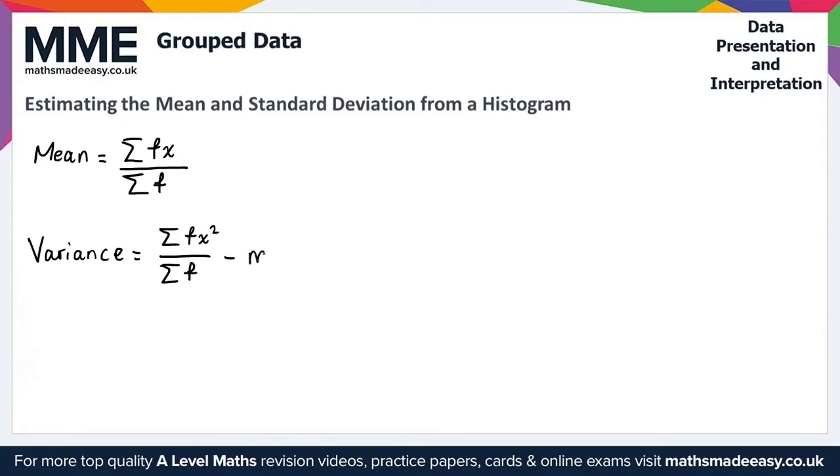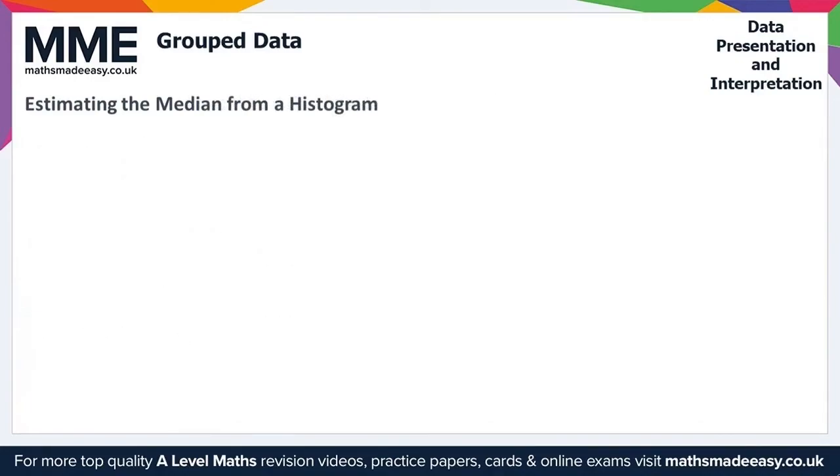And finally, the standard deviation is equal to the square root of the variance. Okay, so that gives us everything we need for estimating the mean and standard deviation from a histogram.